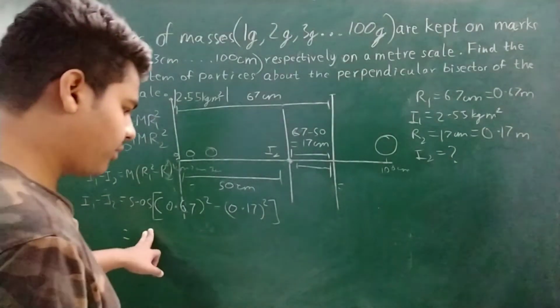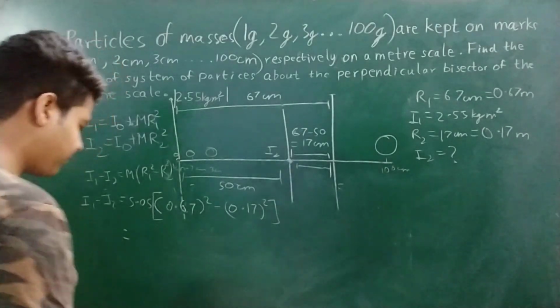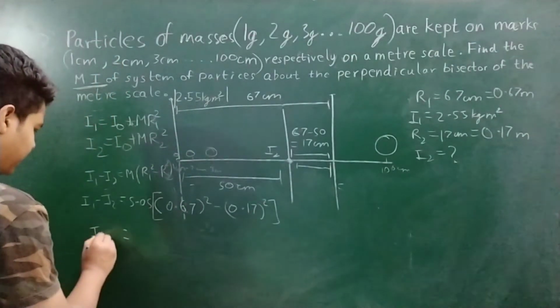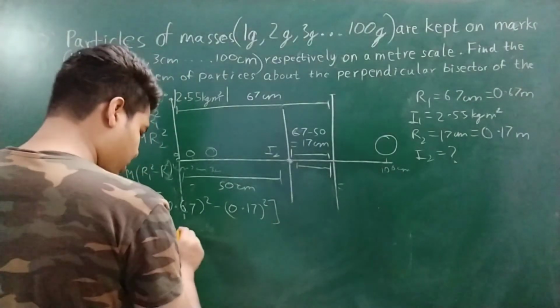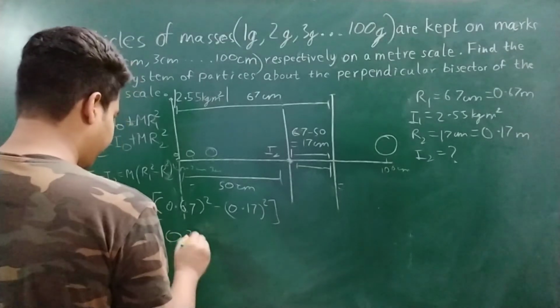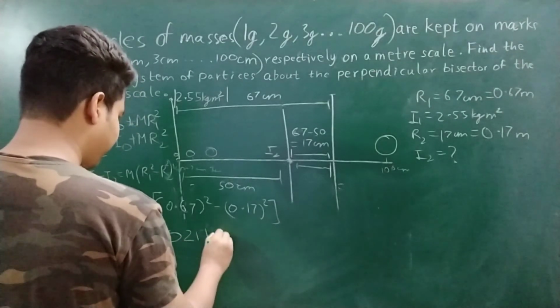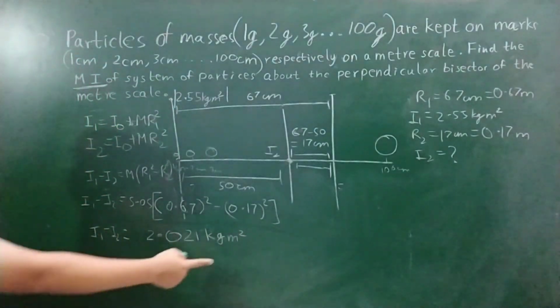If you solve this out, you will get I1 minus I2 equals 2.021 kg meter square.